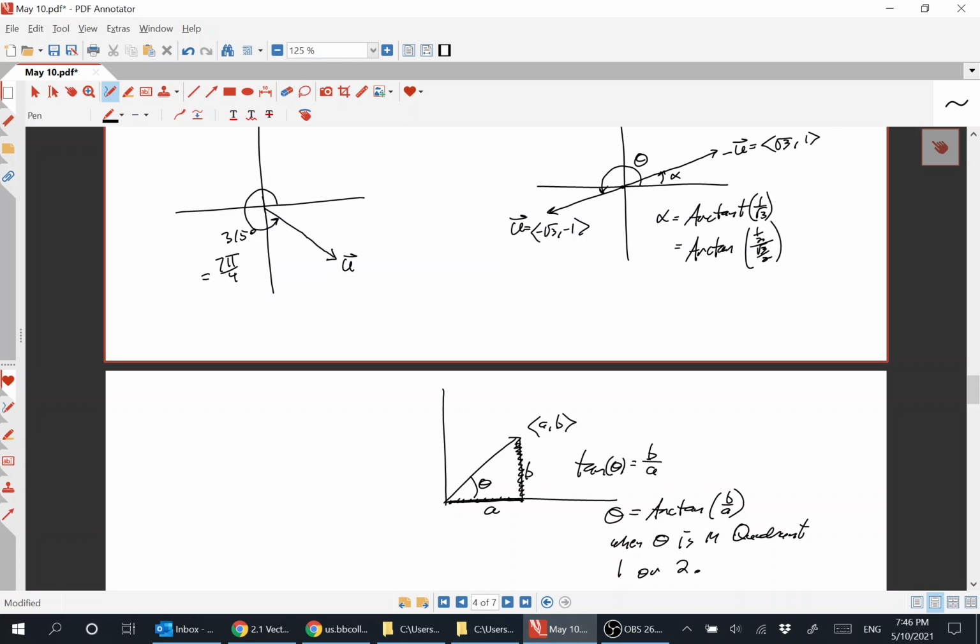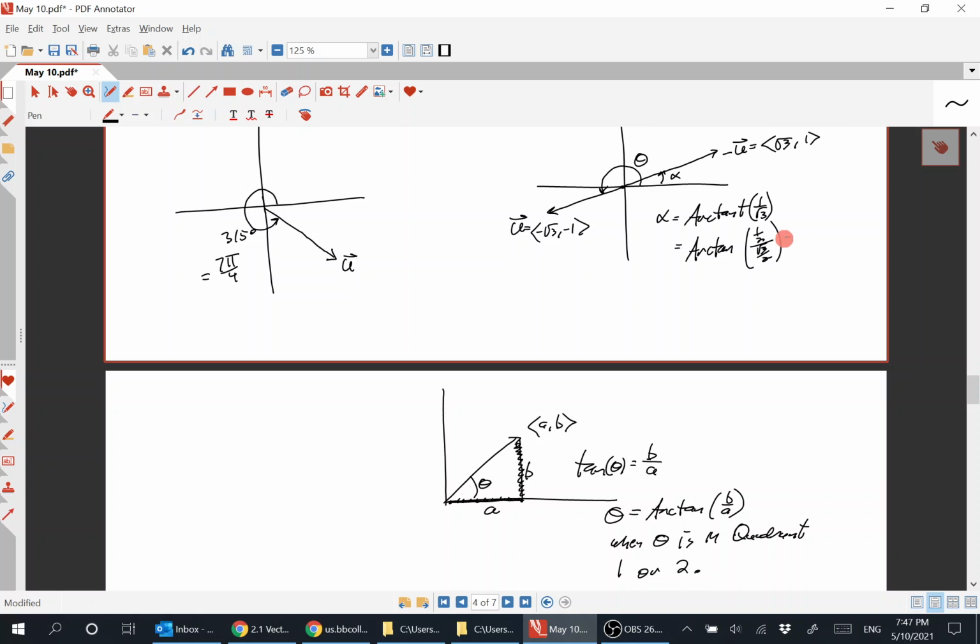And so which angle is that? If this is 1/2 and this is root 3 over 2. Right, so the b is the sine and the a is the cosine. The y coordinate, the thing on top, is the sine of that angle, and the a coordinate, the base of this triangle, that's the cosine, right?